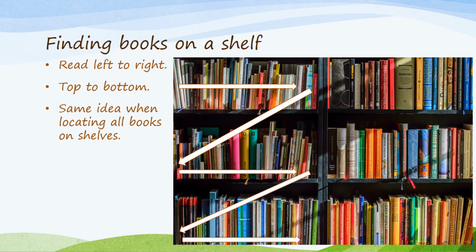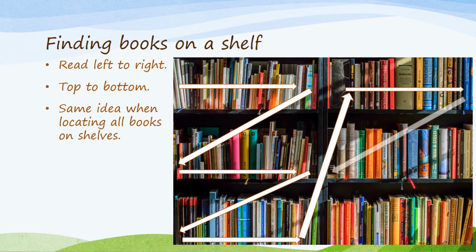And we read left to right. But what happens when we get to the end of this shelf? So where do we go from here? We're going to have to go back and start the process all over. And then when you go to the top of the shelf, it's left to right. That's right, we come back down, left to right, down again, left to right. You can successfully find your books if you follow this practice.